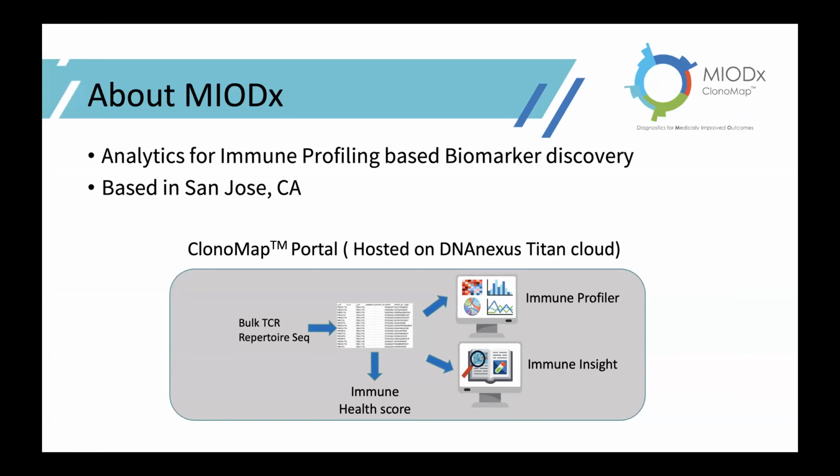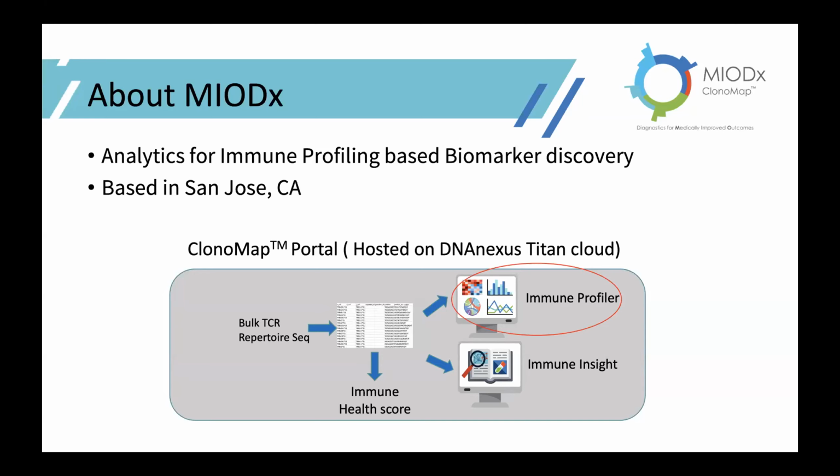However, we've also seen that there is a real need to bring it all together. So what we're aiming to do with our work with DNA Nexus is to have a cloud portal where we have multiple tools, but also a better way to annotate the data. And lastly, what I'm not going to talk about today is that we are also working to build several machine learning tools that are going to help understand the relevance of the TCR data.